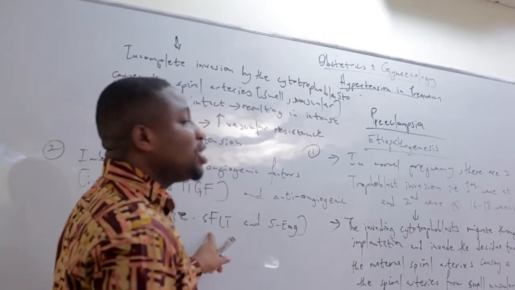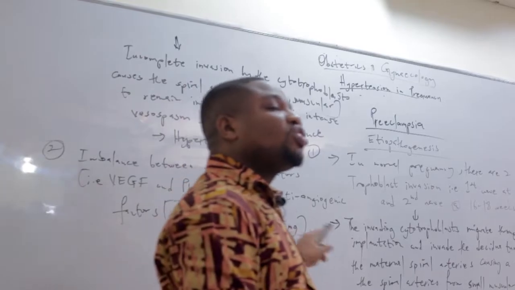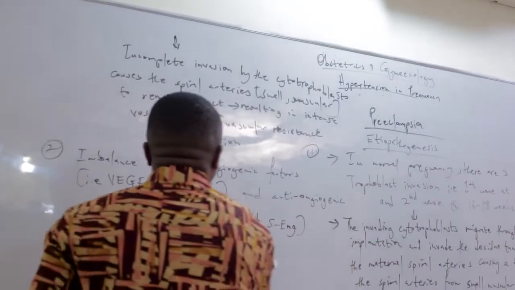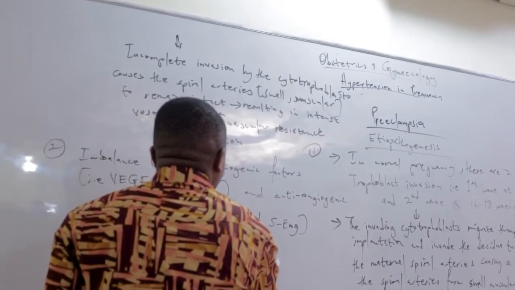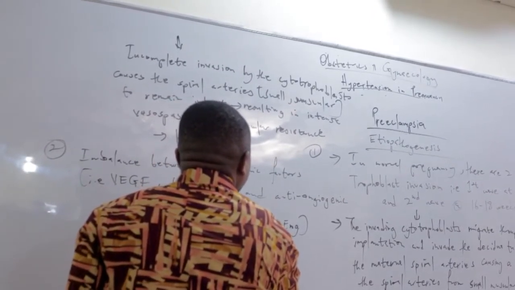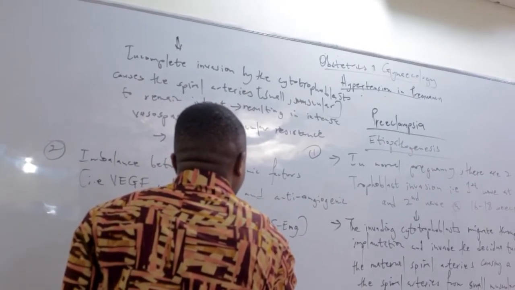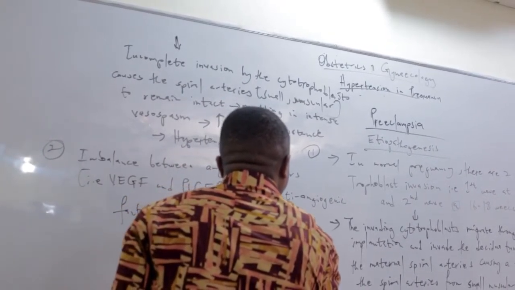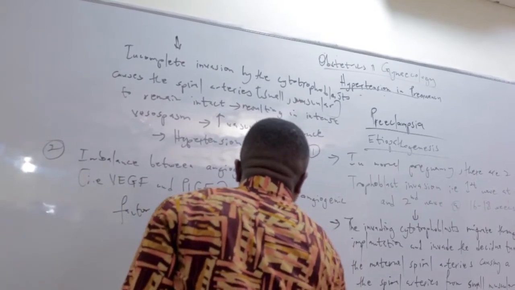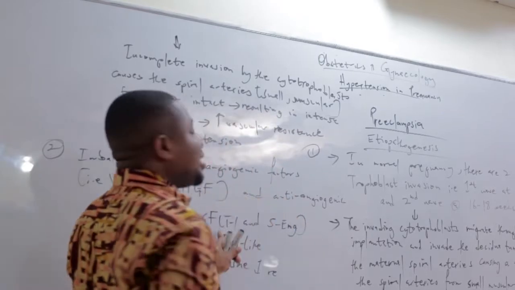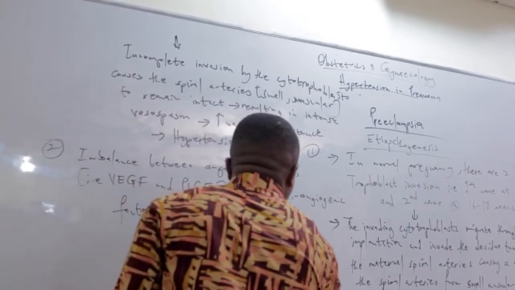So the first one we call soluble FMS-like tyrosine kinase 1 receptor, SFLT1.